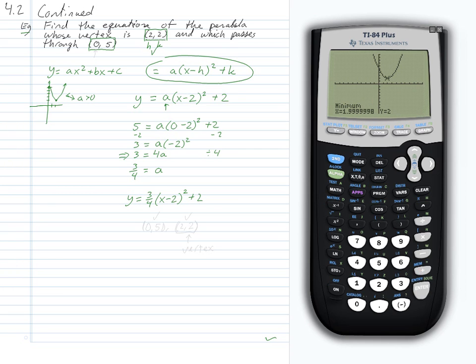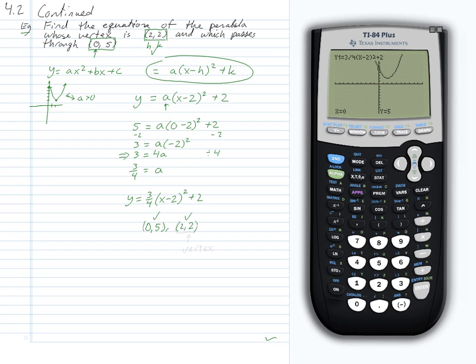So the vertex is on the graph where it's supposed to be. Let me trace along the graph, and I'll come over where x equals 0, y equals 5. So there we go. 0, 5, and 2, 2, the vertex, are both satisfied.